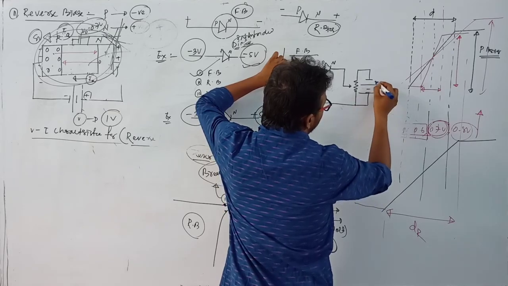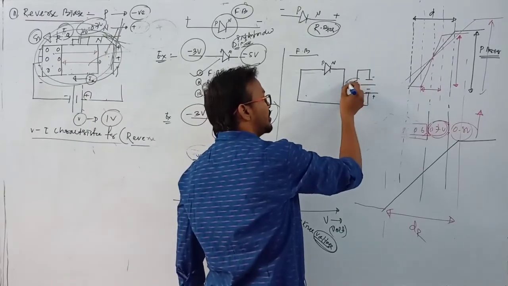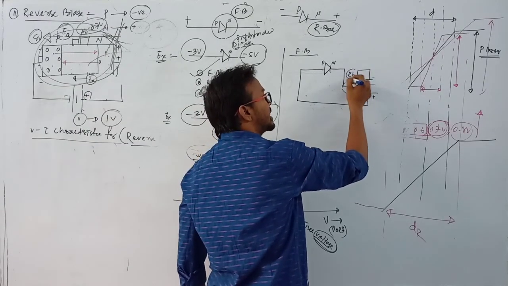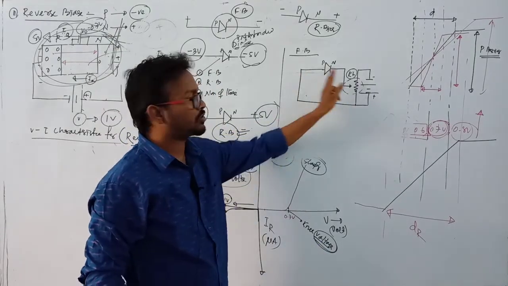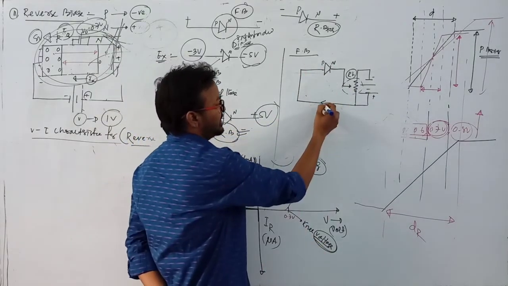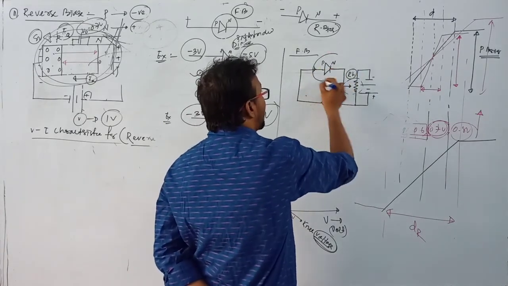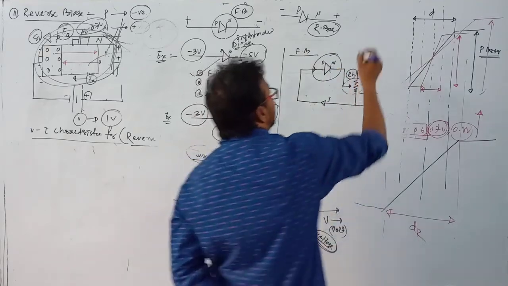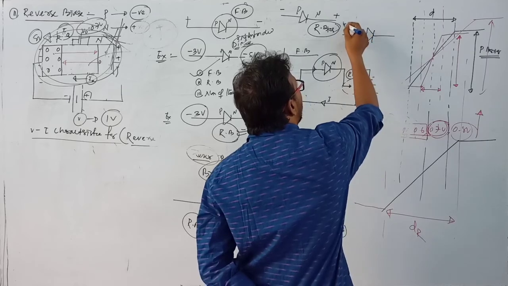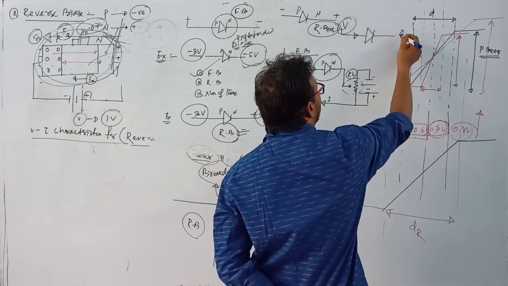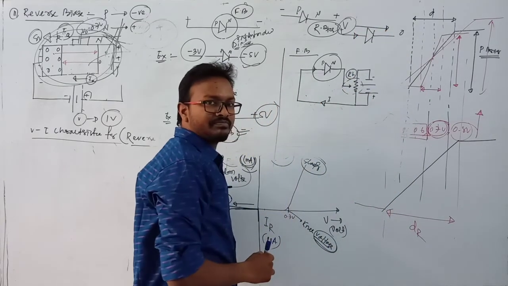This symbol is known as a rheostat. Rheostat means we can change resistance, so we can change the current flowing through the circuit. Now this is the direction of flow of current. Clear? The important nature of this PN junction is that when current flows in this direction, from higher potential to lower potential, it allows the current to pass through it.